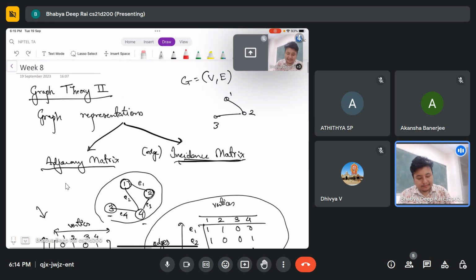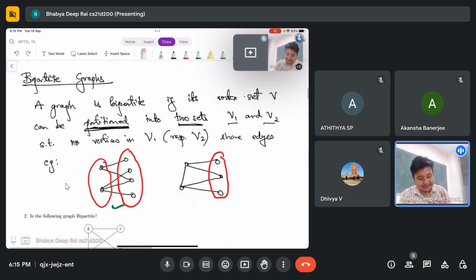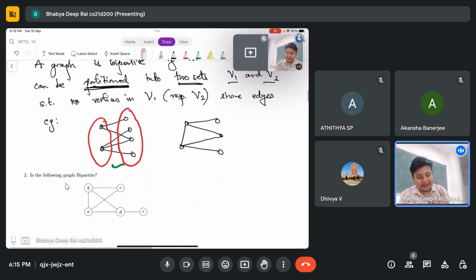You might say, but I can choose something else. Let's say I choose this as one set and this as the other set. This set is not sharing, so this is good. But the L-shaped side on the left is sharing edges with each other in the same partition.